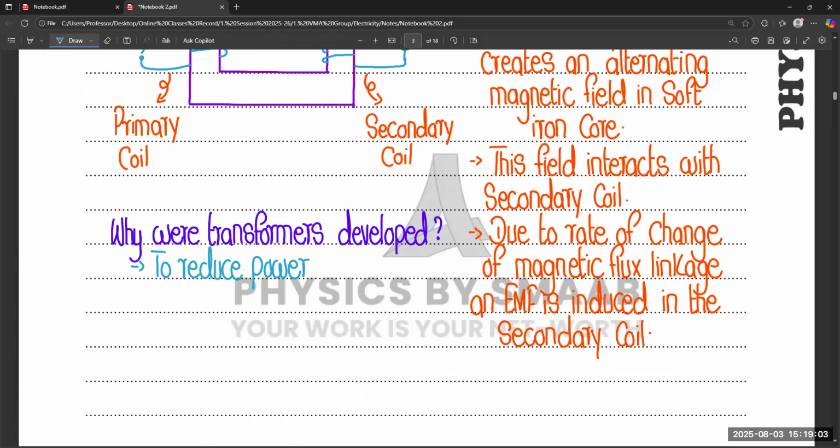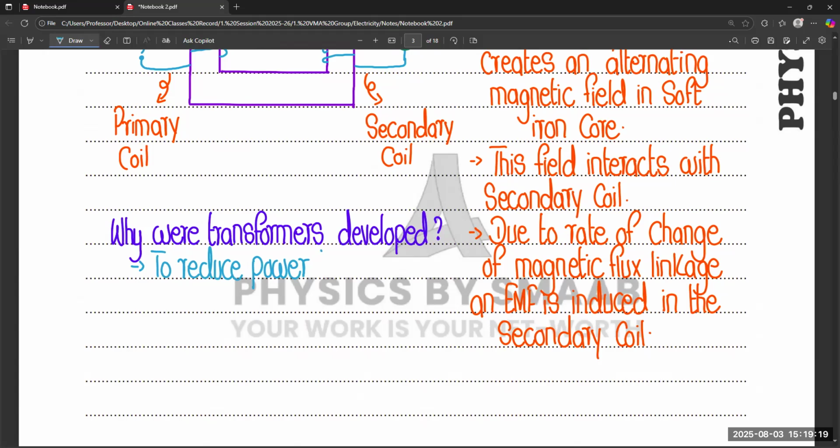Because definitely when we are transferring electricity from the main source to the town or city, we try to transfer the maximum amount of electricity from one point to another. So that's why we try to reduce the power loss.